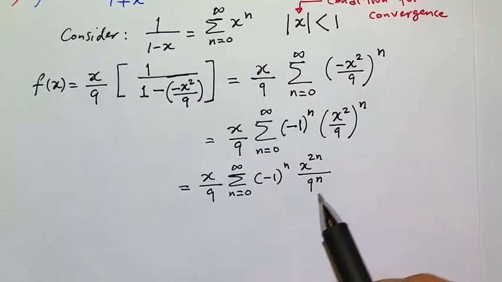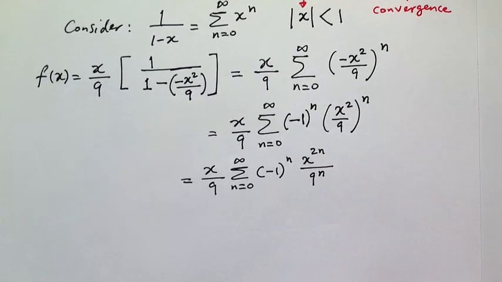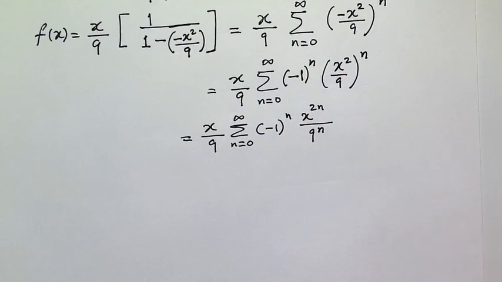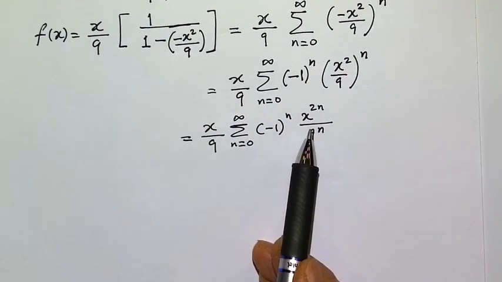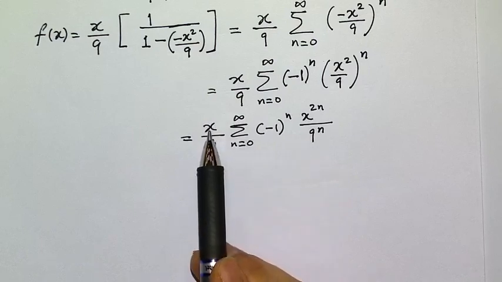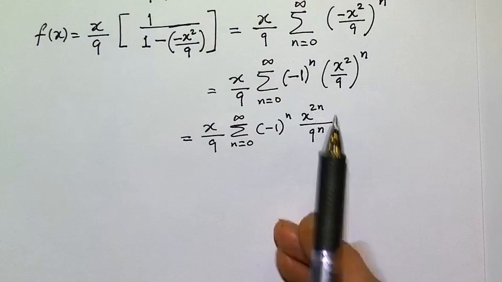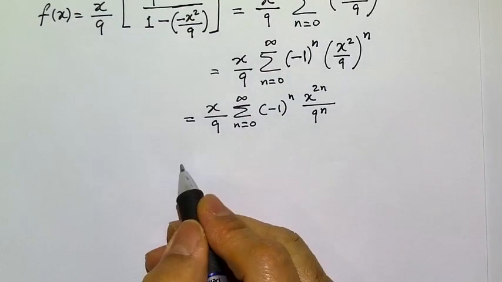Can we simplify this more and make it look more like a conventional way of writing the series? Absolutely. We can distribute this into this, right? We have x times x to 2n power. We'll get x to 2n plus 1 power, right? So let's do that.